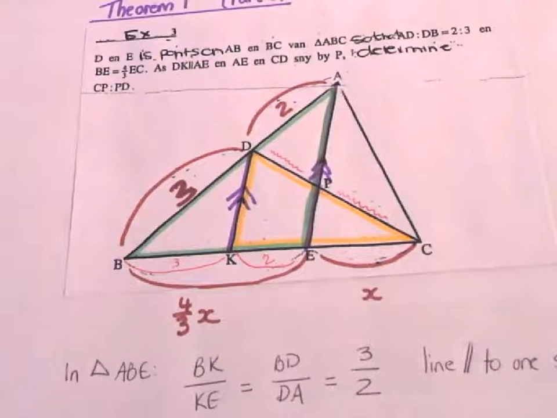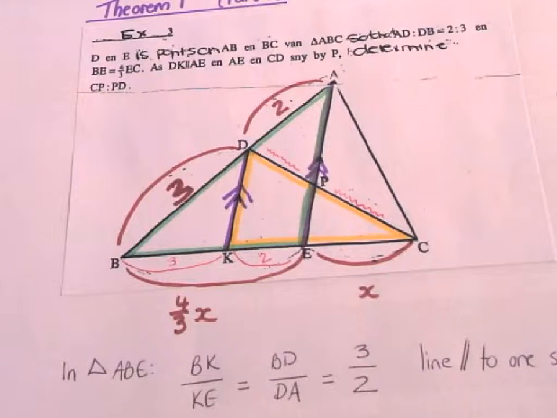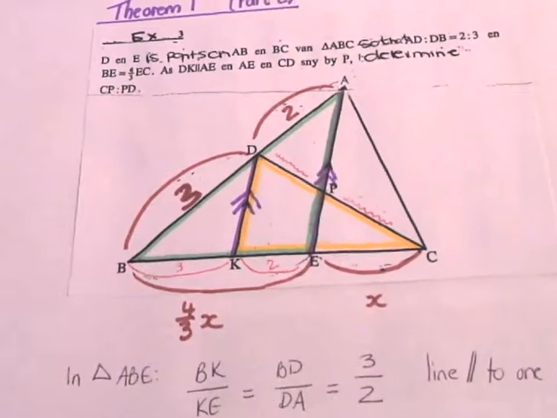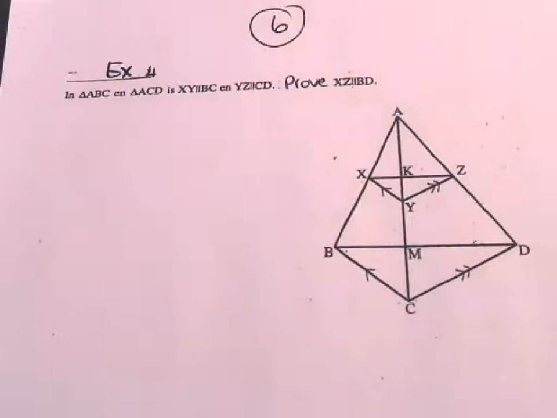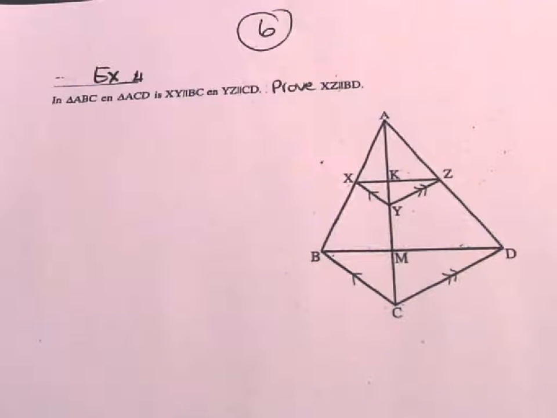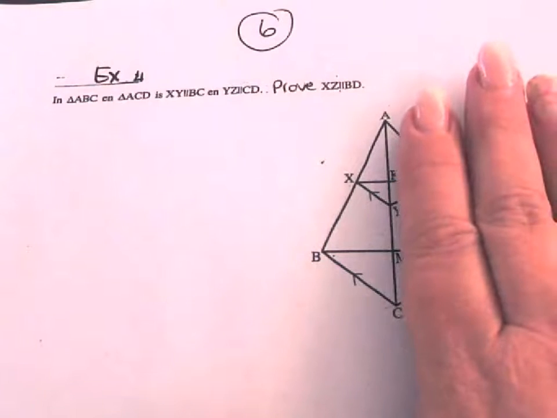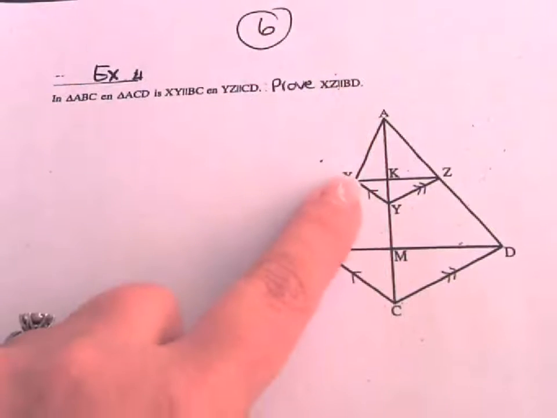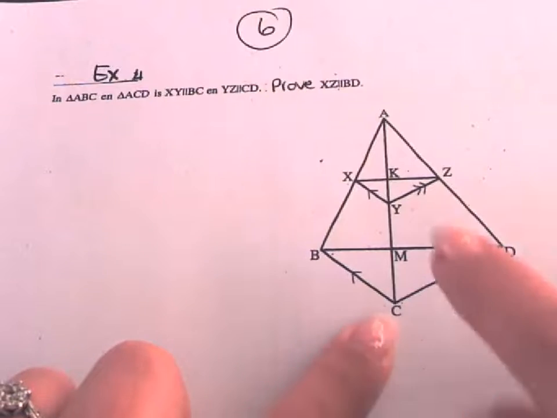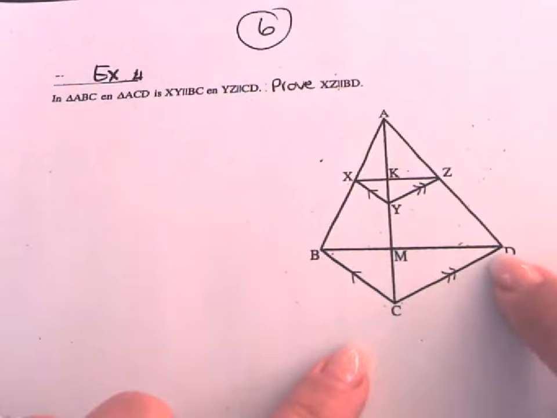Okay, let's do the second example 4. In triangle ABC and triangle ACD, XY is parallel to BC and YZ is parallel to CD.